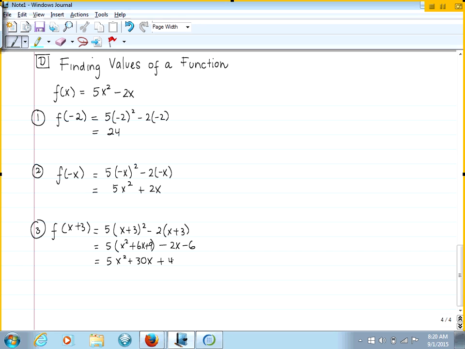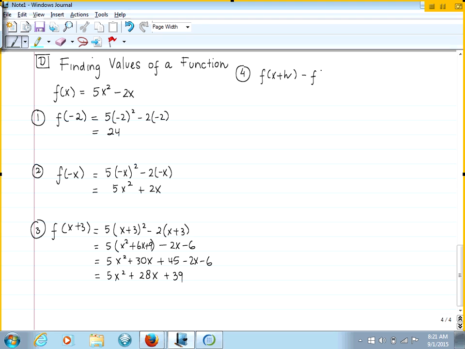So 5x squared plus 30x plus 45 minus 2x minus 6. So what is this equal to? 5x squared plus 28x plus 39.